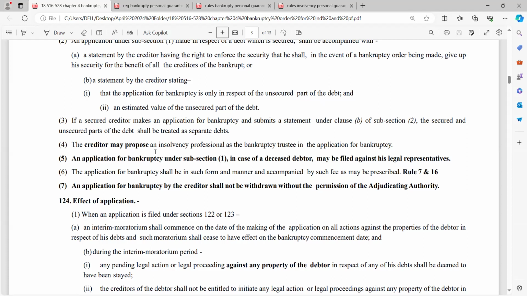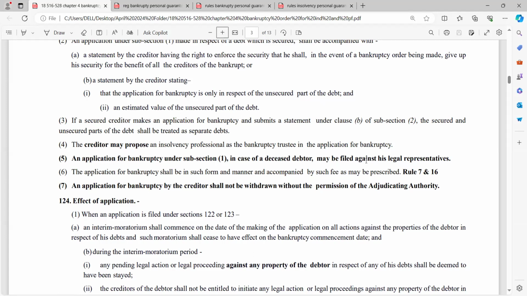An application for bankruptcy under subsection 1, in case of a deceased debtor, may be filed against his legal representatives. Yesterday you asked this question, sir, I think. Yes, I was asking in relation to insolvency. But there it cannot be possible. Here it can be possible.